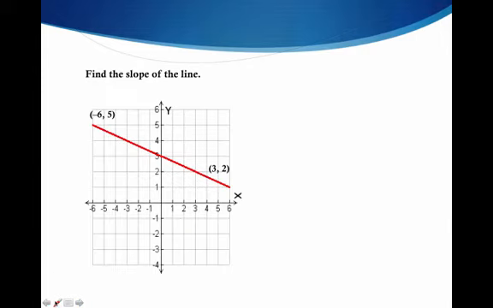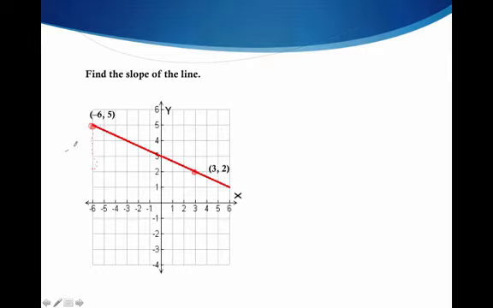Okay, so we're going to try to find the slope of this line. I am here at -6, 5. I need to get over to this point 3, 2. So I'm going from here to here, and I see that I'm going to be going down, so my rise is negative.